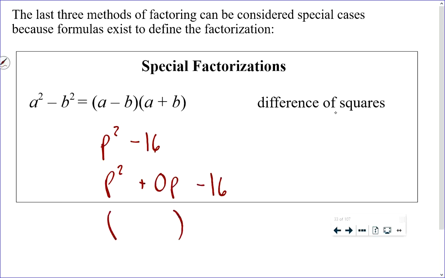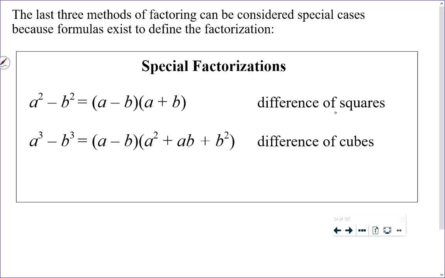So I'm looking for two numbers that multiply to give negative 16 and add to give 0. I don't think too many people will do that. Does that work? Sure. But we just know it's p plus 4, p minus 4. Are you with me on that?